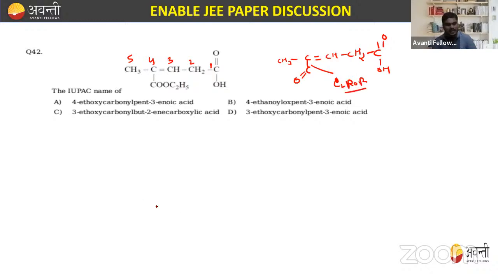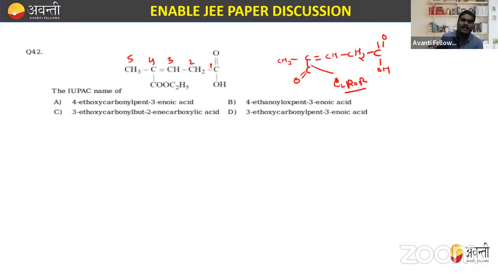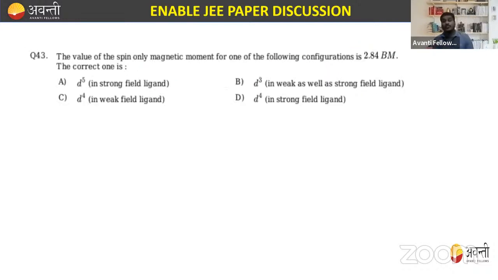That's why the name becomes 4-ethoxycarbonyl pentane 3-ene oic acid. So the correct name for question 42 is A, that is 4-ethoxycarbonyl pent-3-enoic acid. Okay. Now move to the next question.